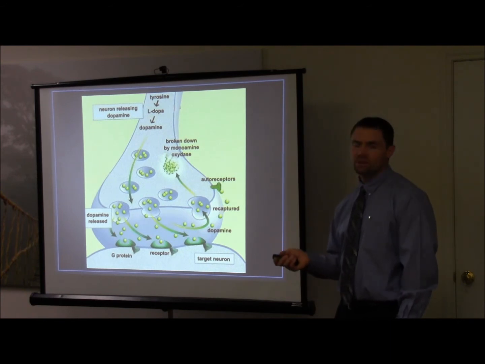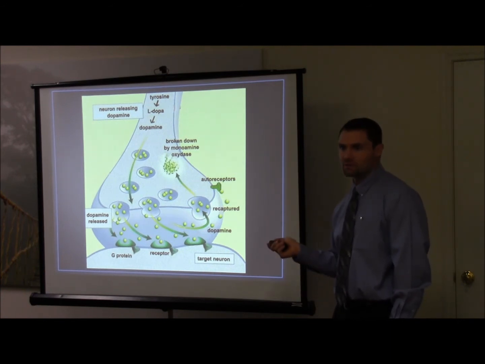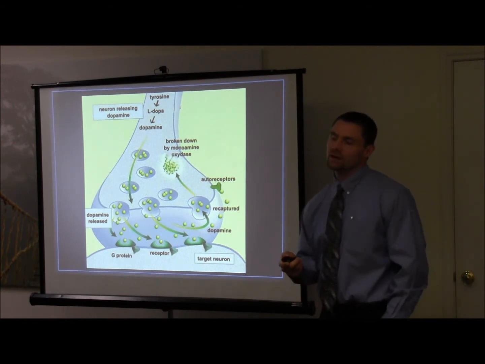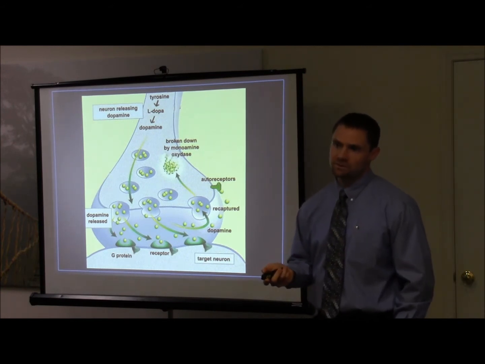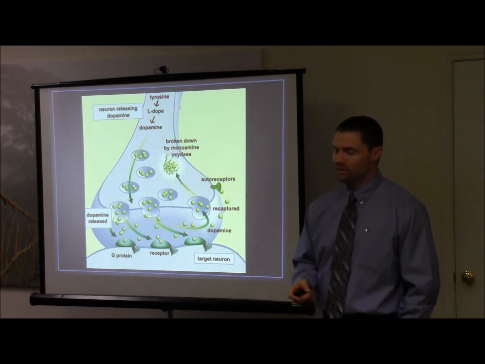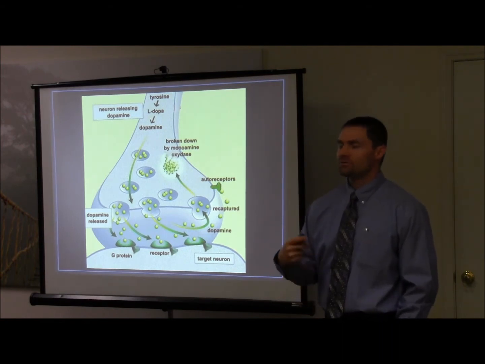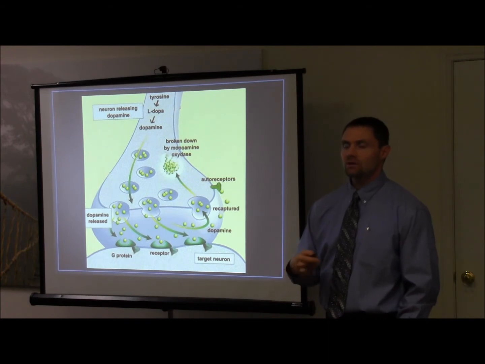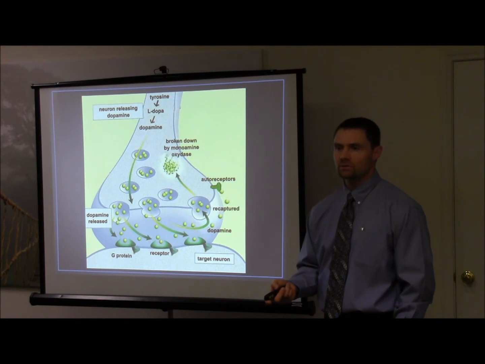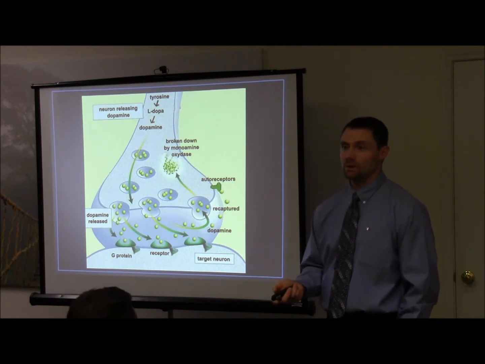But if you do see something like this pop up, make sure you're keeping it in mind when you're putting these precursors in. It doesn't mean that you can't use the precursors. I'll give you an example. If you look at the SSRIs, your serotonin-specific reuptake inhibitors, or serotonin selective, whatever, and you're using 5-HTP, you can use 5-HTP, but there's concern out there about driving people into what's known as a serotonin storm.